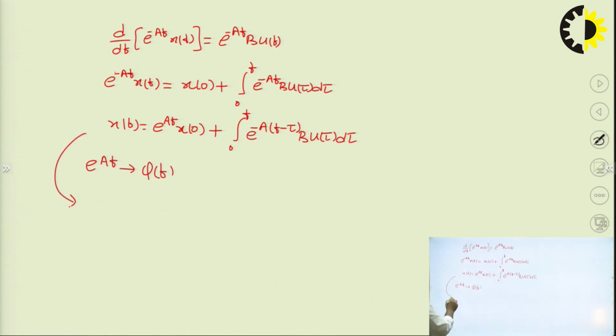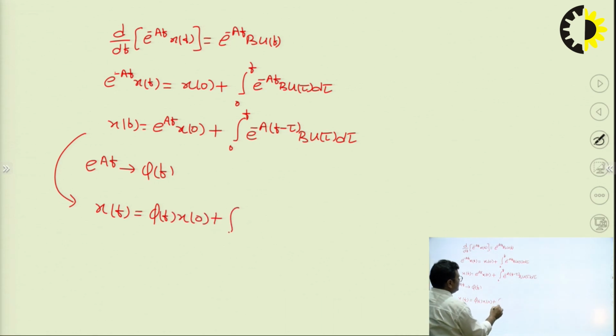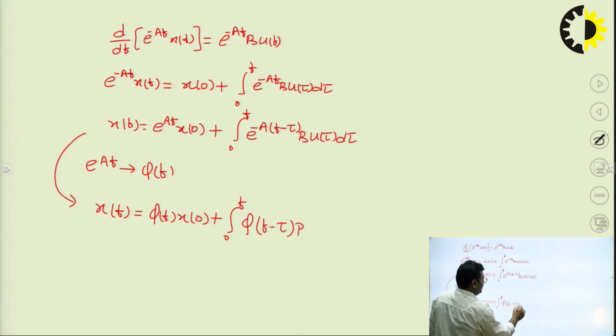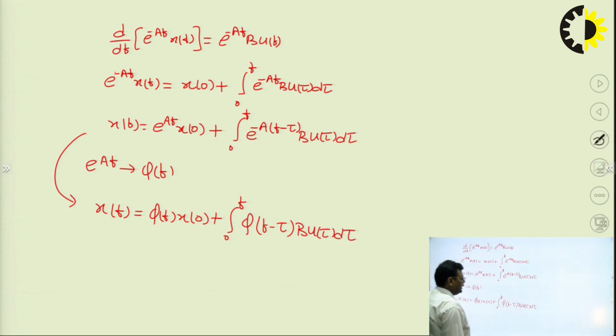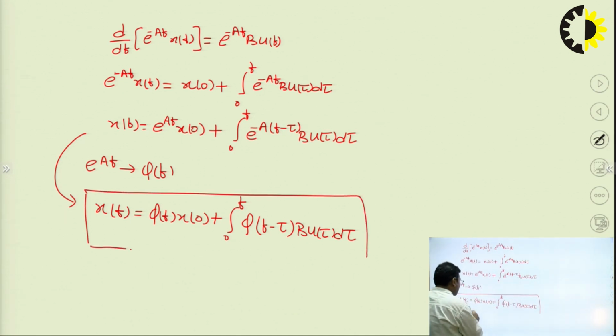So here in this equation, we can write phi of t into x naught plus 0 to t phi t minus tau b u tau d tau, right? So this will be the solution of the non-homogeneous state equation.